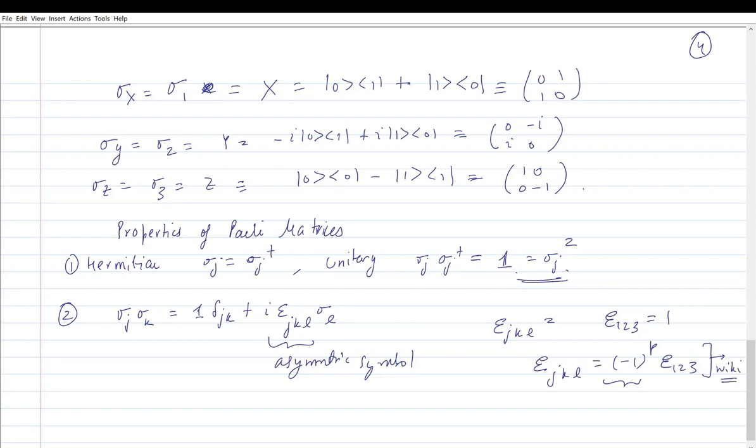And if any two indices are equal, this is called the Levi-Civita symbol. If any two indices are equal, okay, so this essentially is some of the properties of Pauli matrices which one should keep in mind.